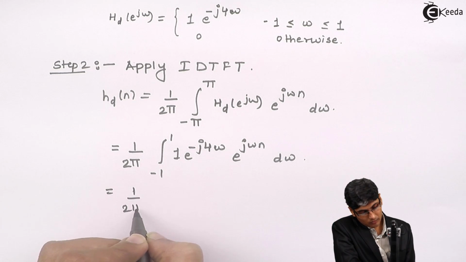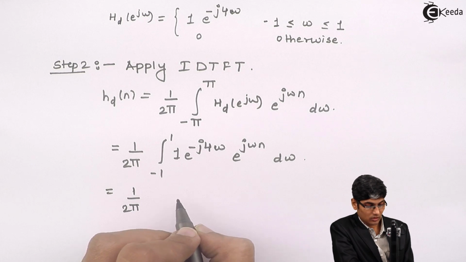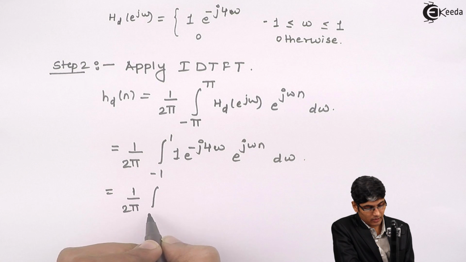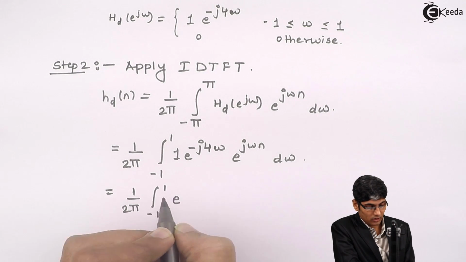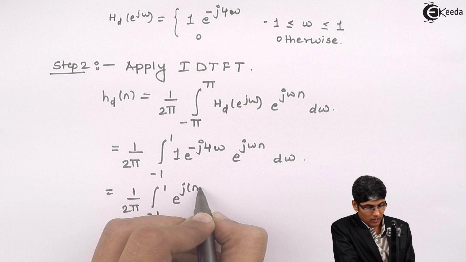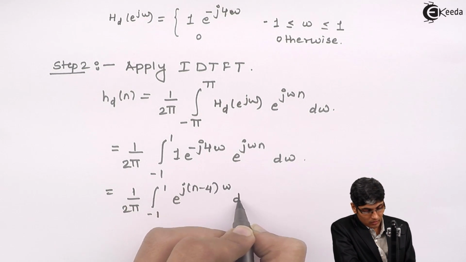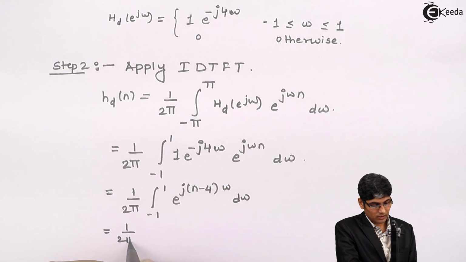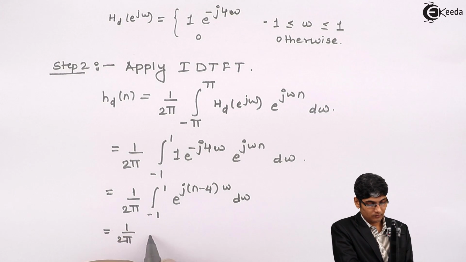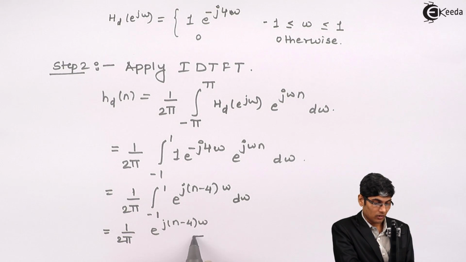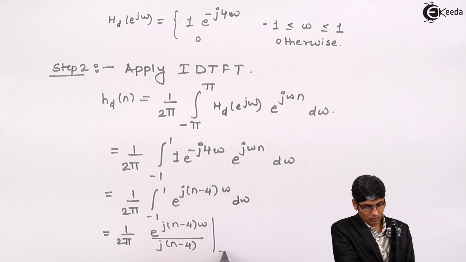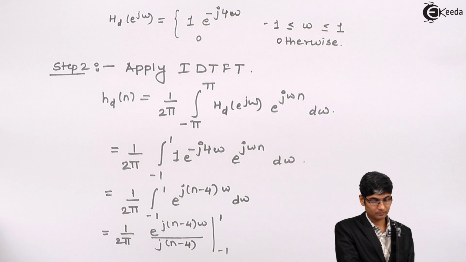That will be 1 upon 2 pi integral from minus 1 to 1, which I can reduce to e raised to j (n minus 4) omega d omega, and then that will give me 1 upon 2 pi times e raised to j (n minus 4) omega divided by j (n minus 4), from minus 1 to 1.